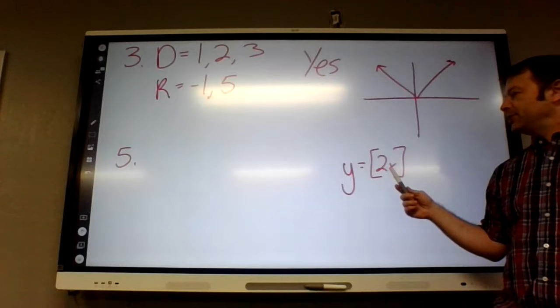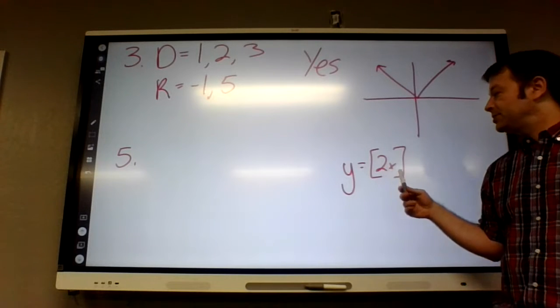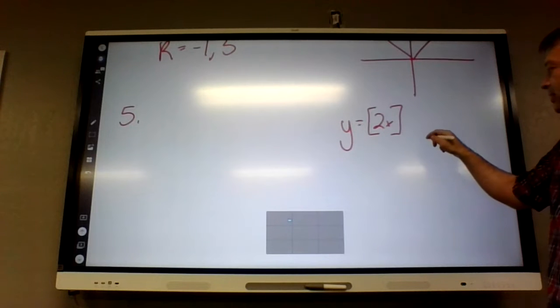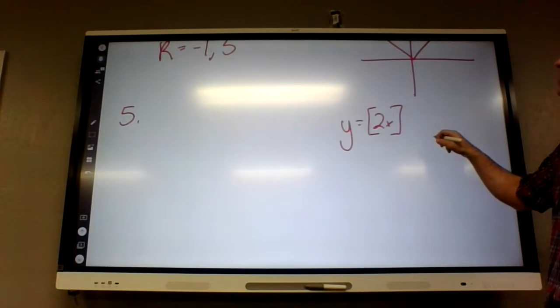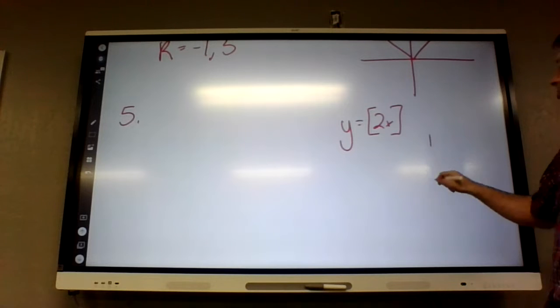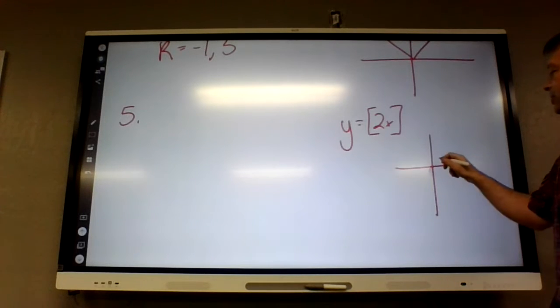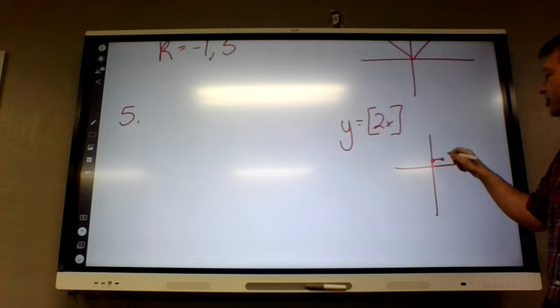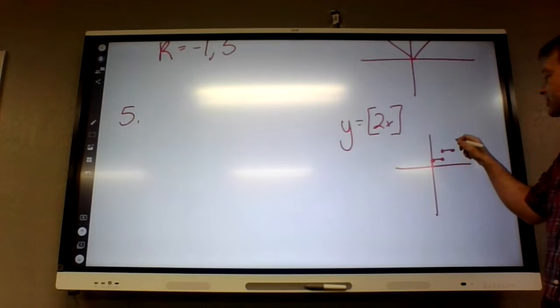You don't need to know this right now, but if you put a 2 on the x, the steps get tinier or wider. I believe the steps would be shorter, if I remember right. But yeah, it looks something like this.